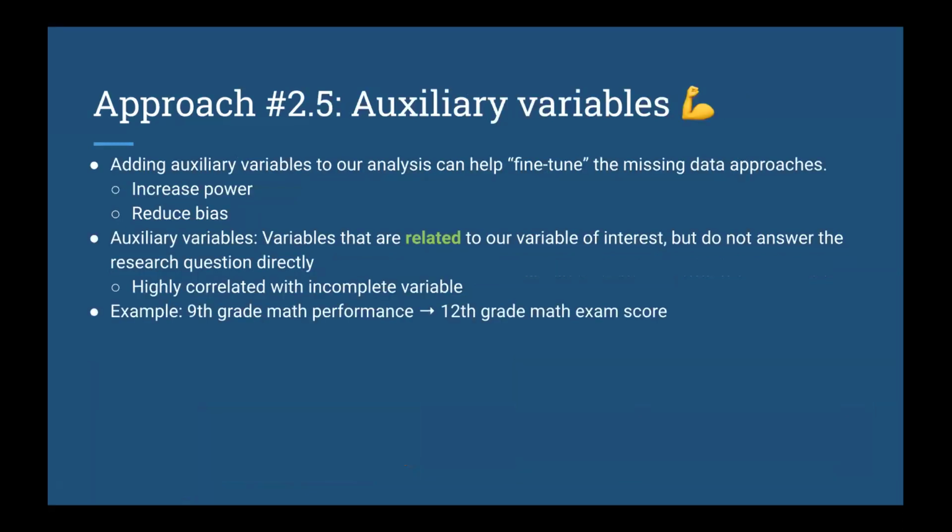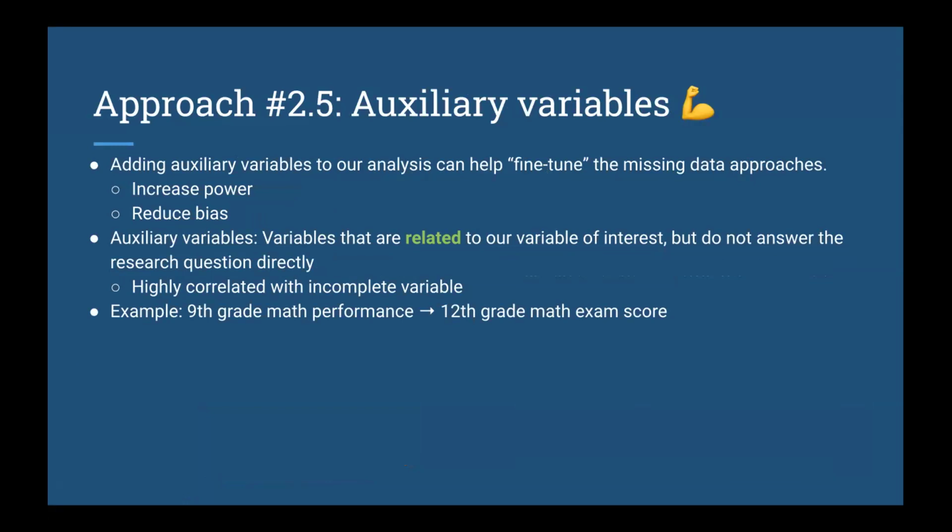Okay, finally, another way to fortify these methods is to use auxiliary variables. These fine-tune the missing data approaches by increasing power and reducing bias. These are variables that are related to our variable of interest, but do not directly answer the research question we're trying to answer.